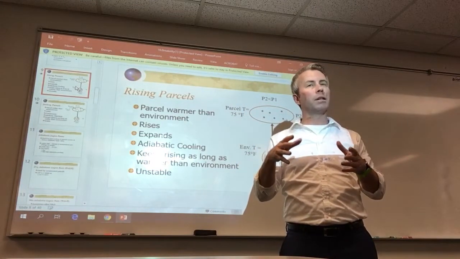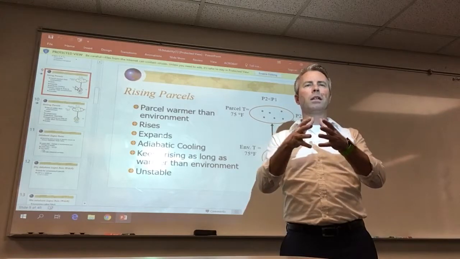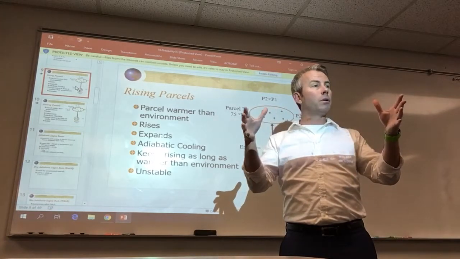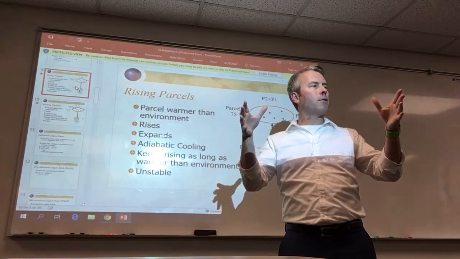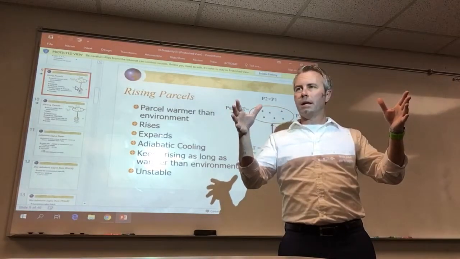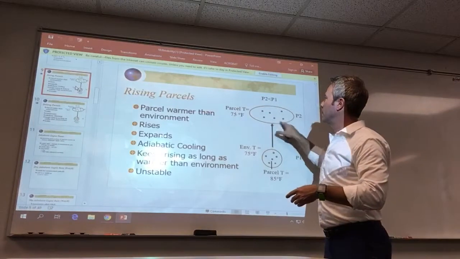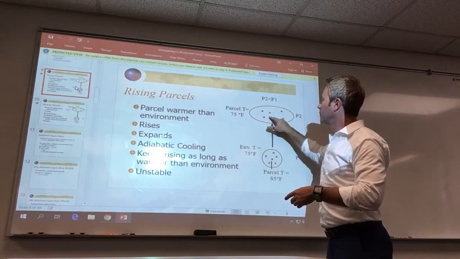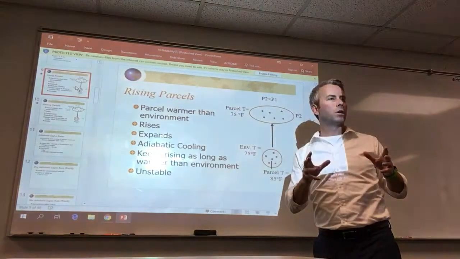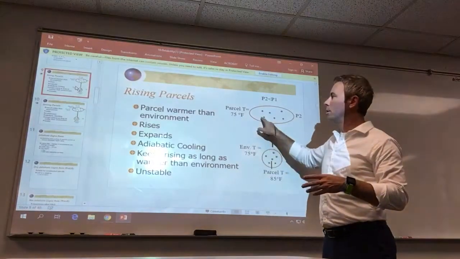It starts to decrease, right? So if it starts to decrease, our balloon, our little air parcel starts to expand. As that starts to expand, that's going to decrease the amount of potential for these molecules to smash into each other. Thus, it's going to cool the temperature.